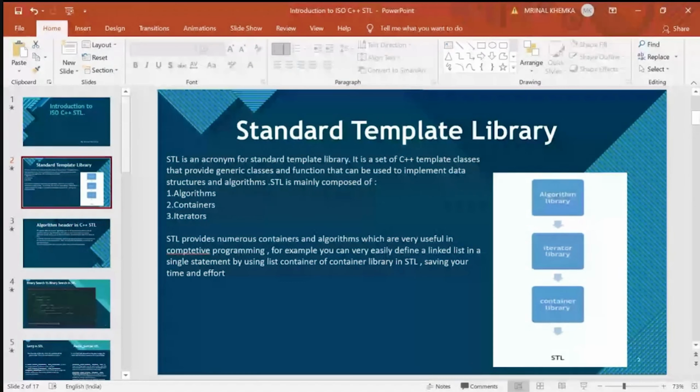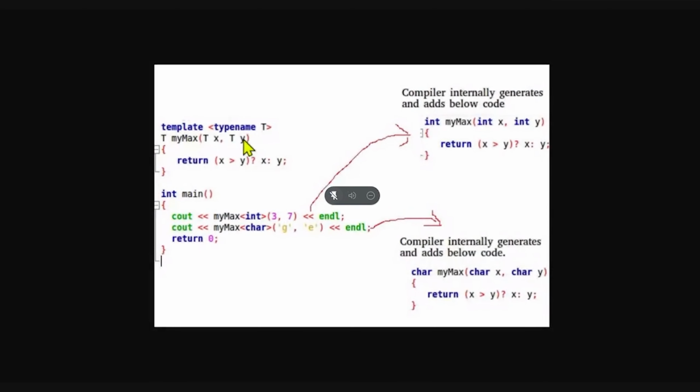So let's have an example of what is a template that is defined in C++. Here we are using the same thing for two different data types. If we don't use a template, then we have to write the same thing multiple times for integer and character type. Here we are passing integer as a parameter in our template that is defined here. Here we are checking two values and comparing them and then giving an output which is greater or max value.